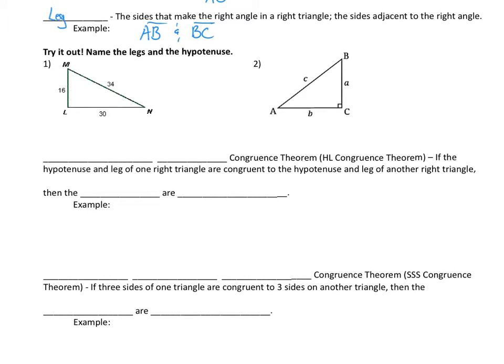Here we have 16, 34, and 30. Name the legs and the hypotenuse. Here's one thing that you need to know about all right triangles. The hypotenuse is always going to be the longest length. So here I see 34. That is going to be my hypotenuse. Opposite of that is going to be my right angle.